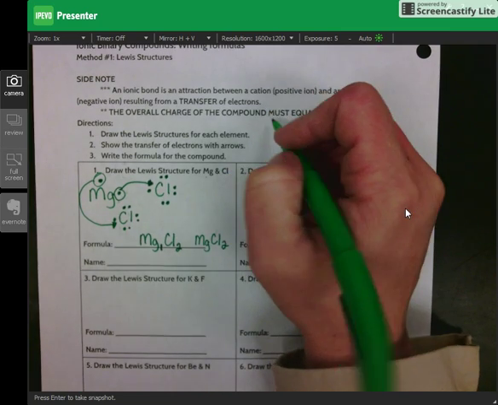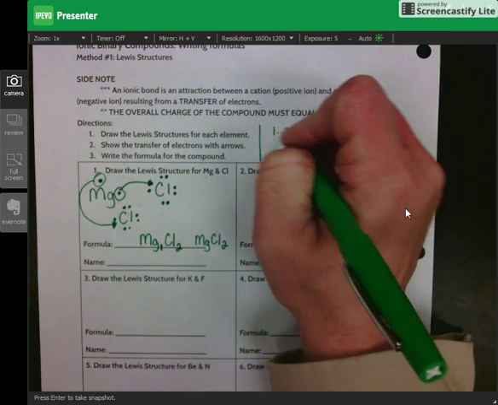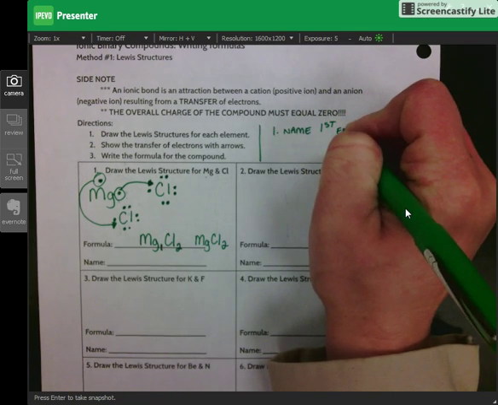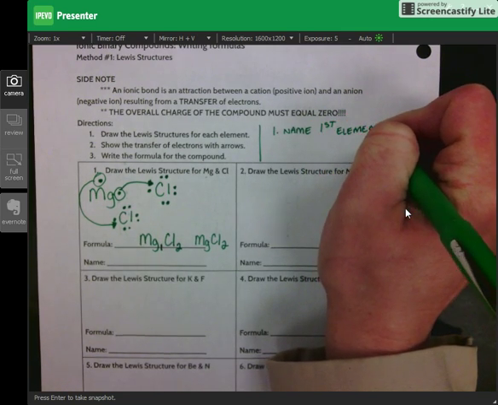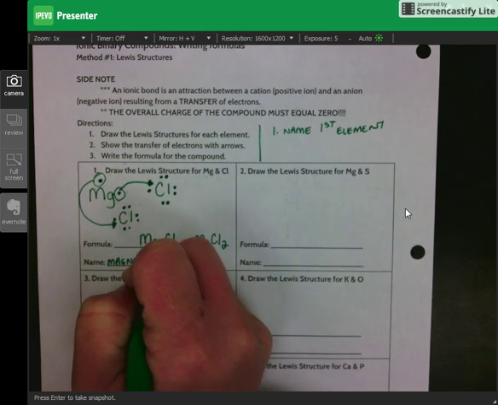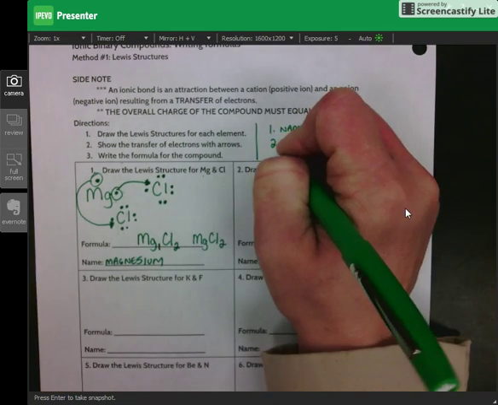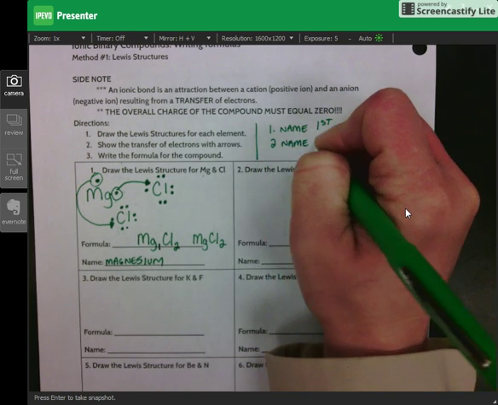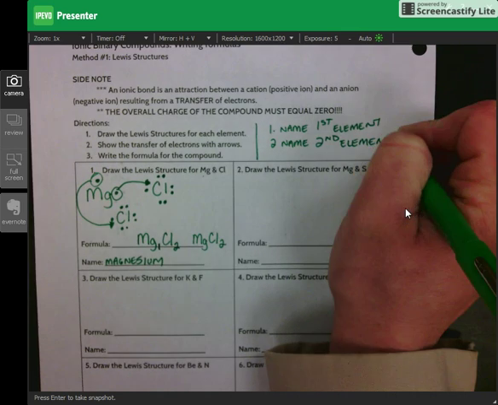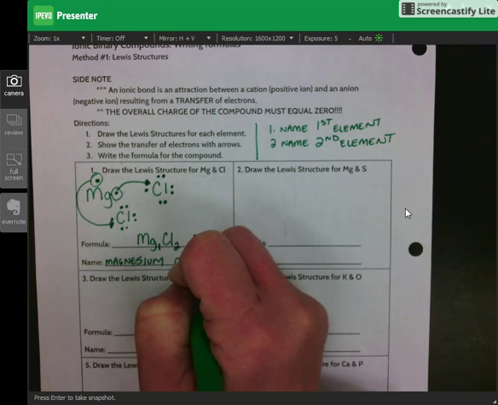little rules up here because I didn't put them in there. So we name the first element, which in this case would be magnesium. So I'm going to write magnesium. We name the second element, in this case chlorine.